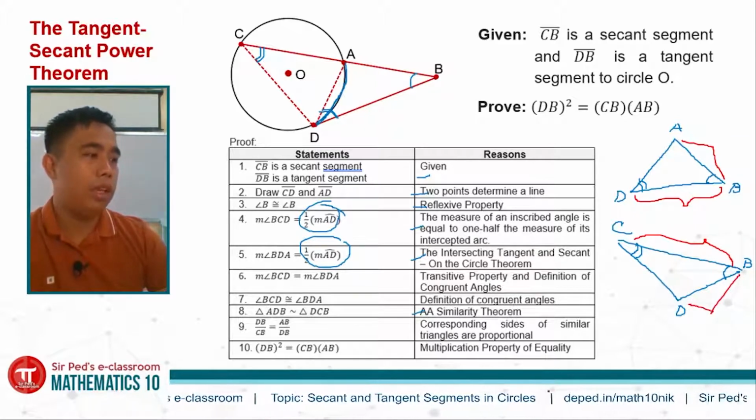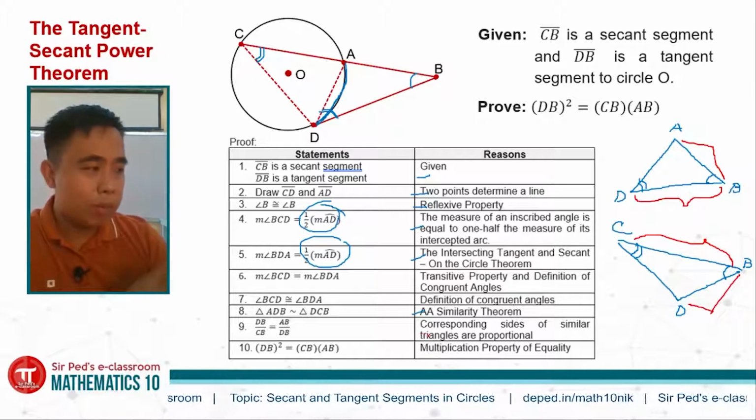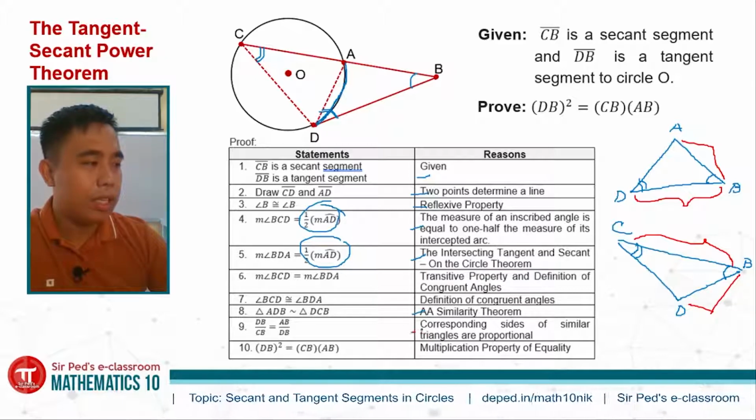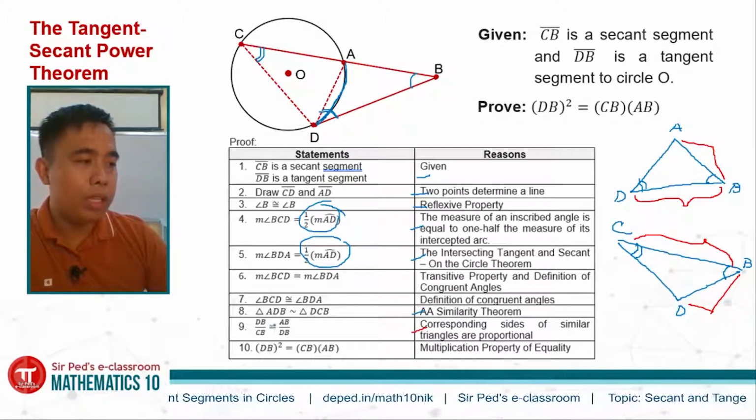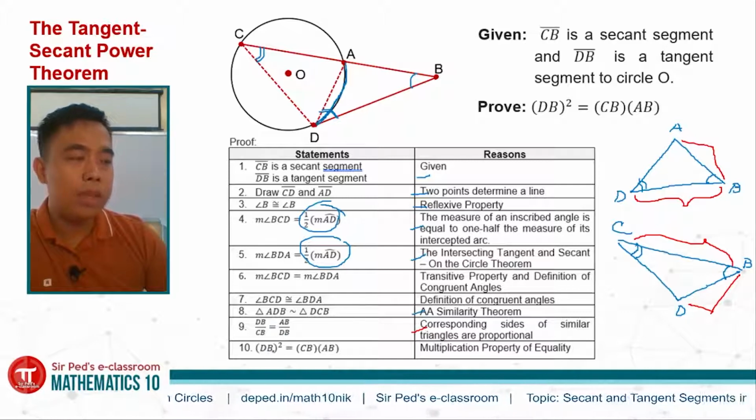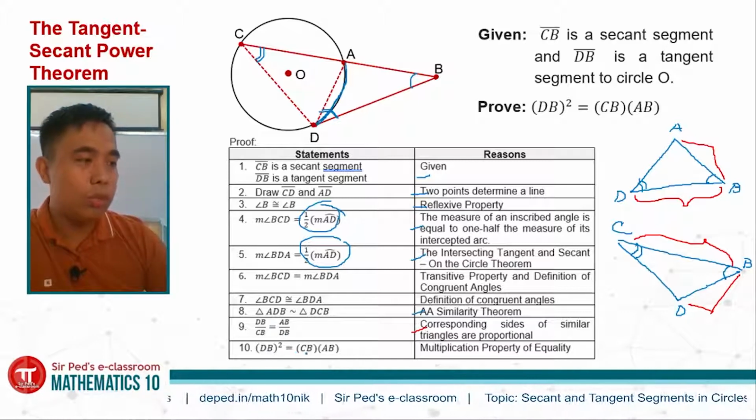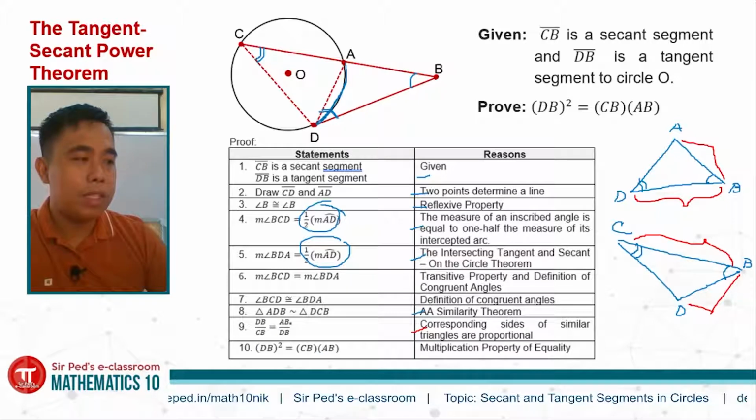Our reason: corresponding sides of similar triangles are proportional. By multiplication property of equality, DB times DB, that is DB squared, is equal to CB times AB.